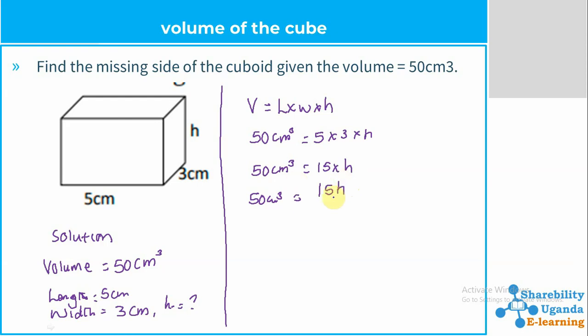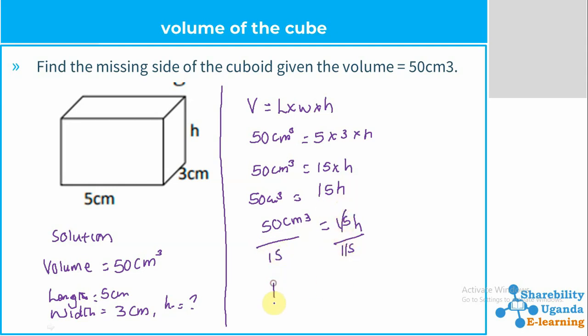Our 50 centimeters cubed is equal to 15h, and for us to get h, we divide this side by 15 and also this side by 15.